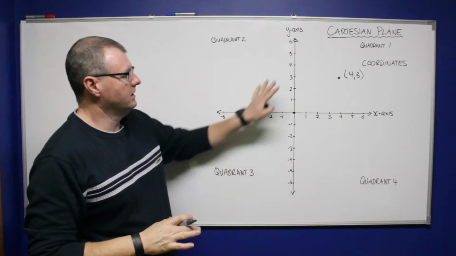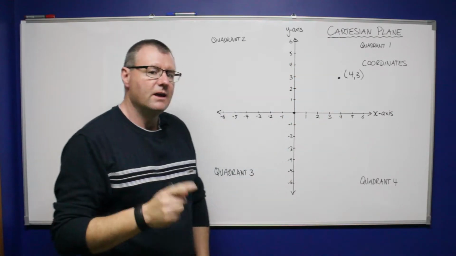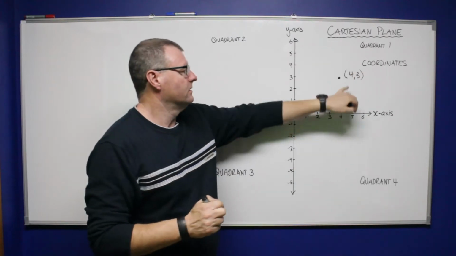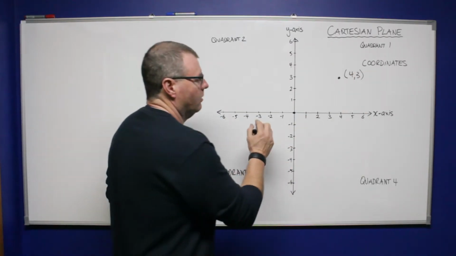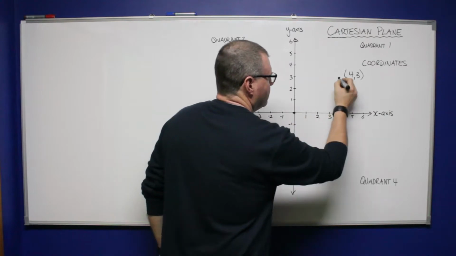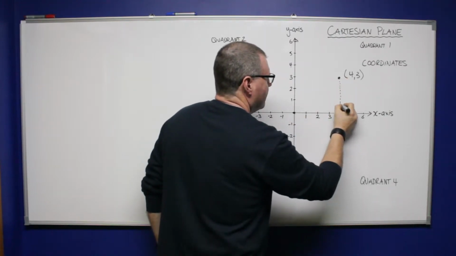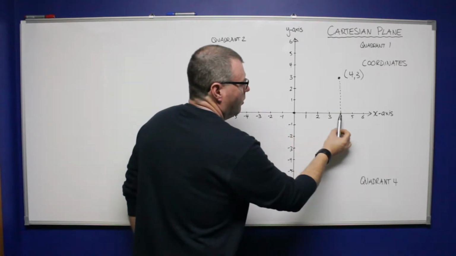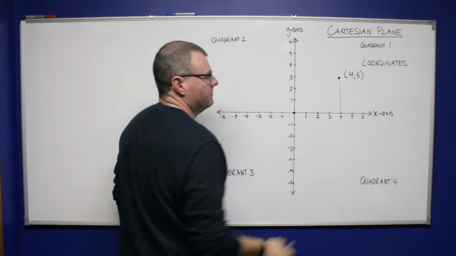So coordinates on the Cartesian plane are made up of 2 numbers. They're written in brackets, and the first number, the 4 in this case, represents the value along the x-axis. So if I drop a line down here, you'll see it's in line with 4. In other words, if I go across 4, that's where I get my first number from.